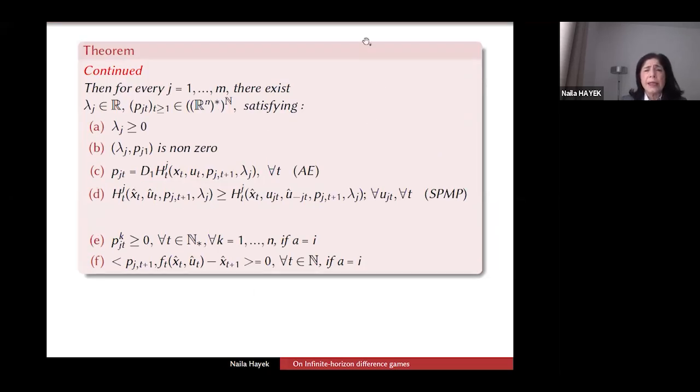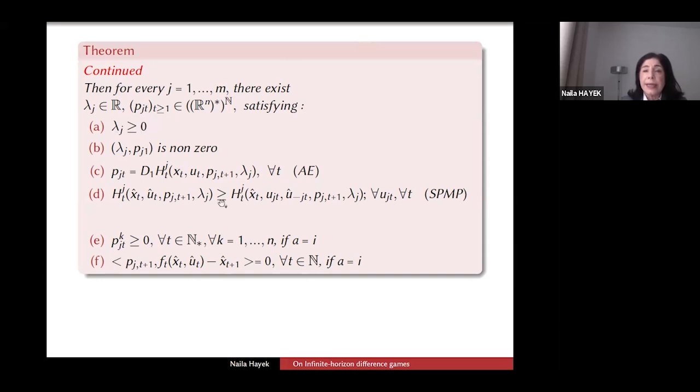So in this case, there exist multipliers lambda j, and p jt, sequences, adjoint variables, satisfying lambda j non-negative, the couple lambda j, p j1 non-zero, and the adjoint equation.